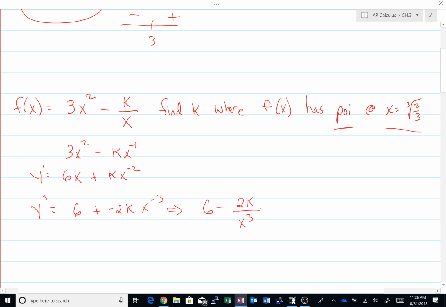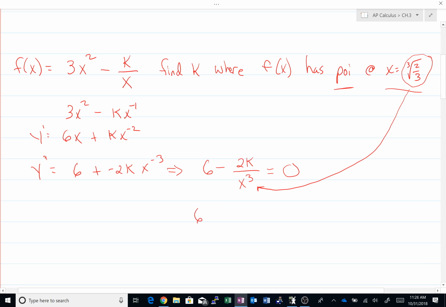Now, how did we find POIs? We would take the second derivative and set it equal to 0. Well, I found the POI already for you. The POI happens at the cube root of 2/3. So I'm going to plug that in for x. So I get 6 minus 2k over the cube root of 2/3 cubed equals 0.